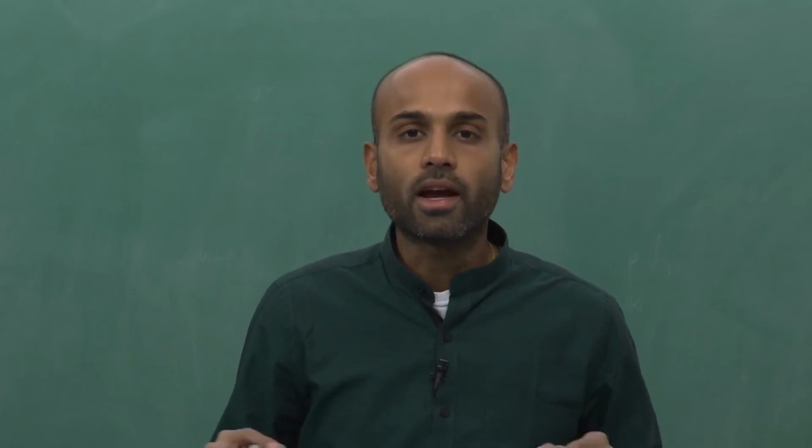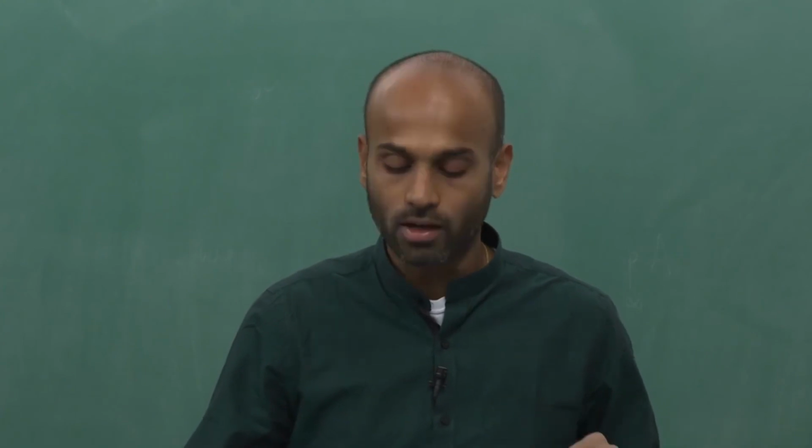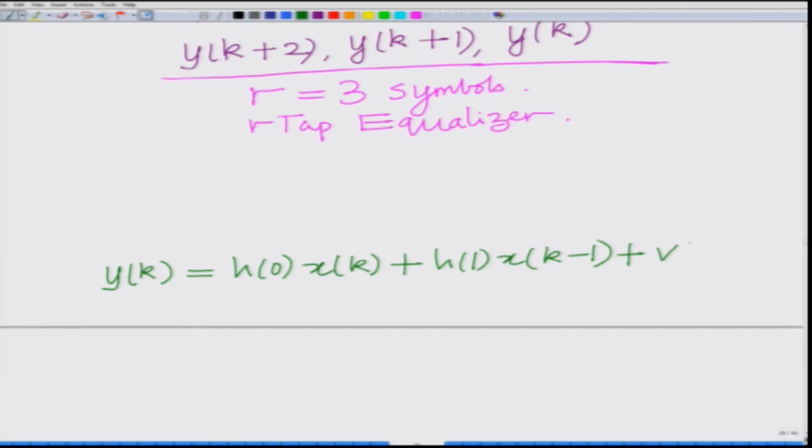First, let us write the system model for these 3 symbols yk plus 2, yk plus 1, yk. You can see that yk equals h0 xk plus h1 xk minus 1 plus vk.